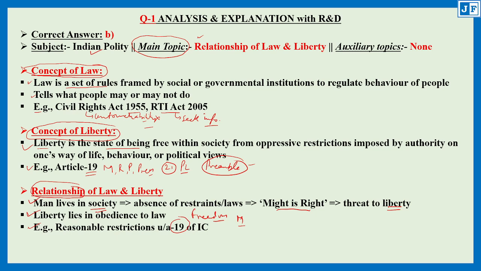Yet, it imposes some reasonable restrictions in the interest of public order, sovereignty, integrity, and unity of India. And there are some other situations when the Constitution imposes reasonable restrictions on the liberty of a person so that the liberty of all can be protected.